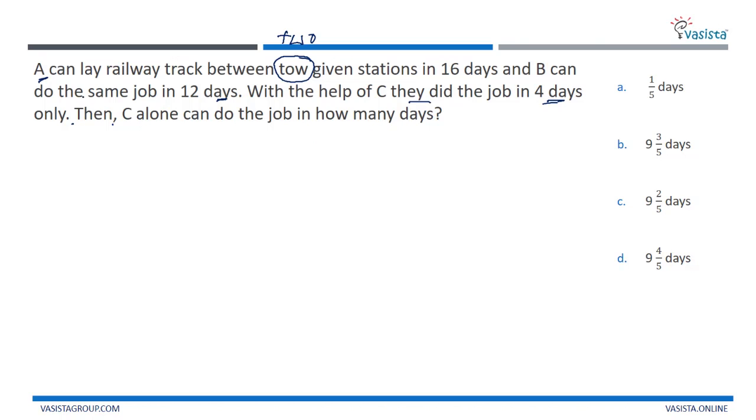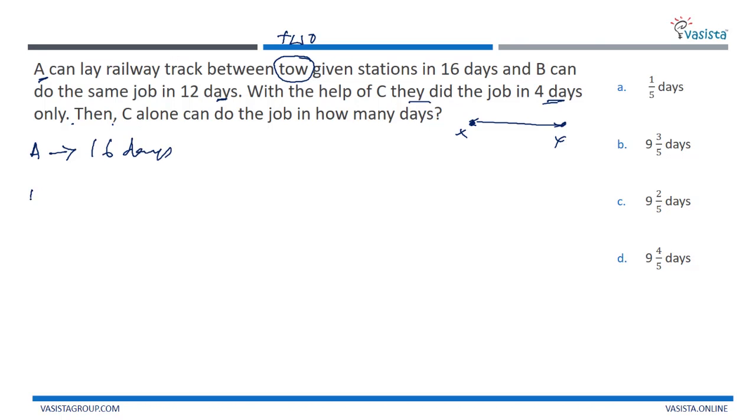So now let us list out here. A can do the job of laying a railway track between 2 given stations. So let us take this as railway station X and as well as Y. From X to Y, if A wants to lay the track, he will take around 16 days, correct?